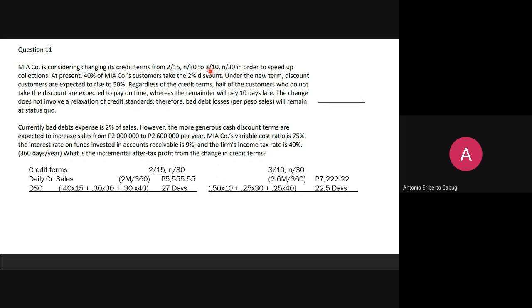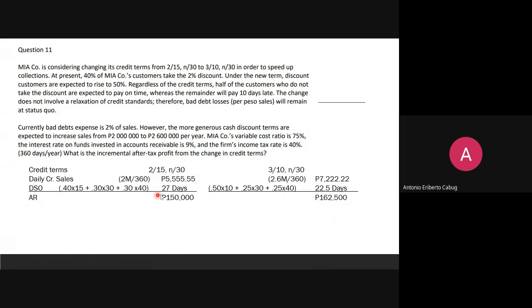Under the new terms, discount will be given to customers paying at most 10 days after. 50% times 10. The remaining one half, you divide it into two, 25% and 25%, will pay on time, day 30, and the other will pay 10 days late, day 40. So the DSO before was 27 days, napabilis, naging 22.5 days.